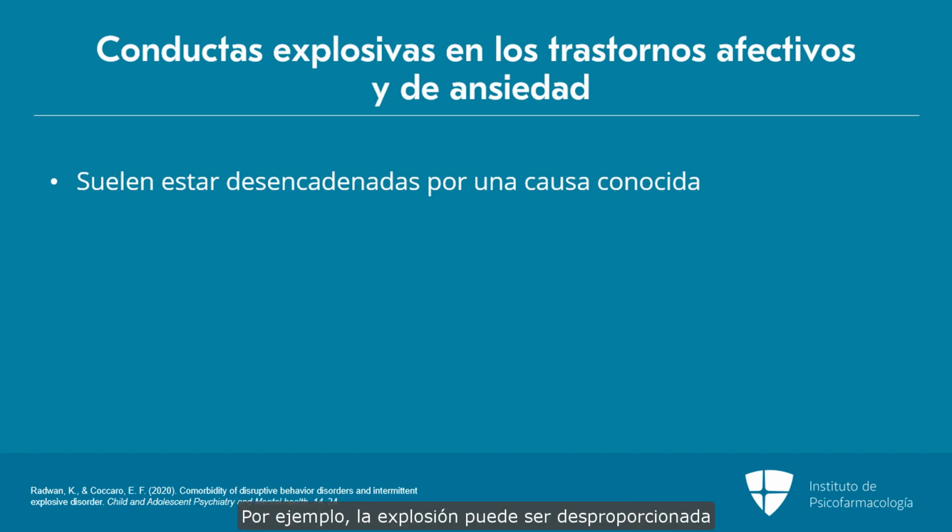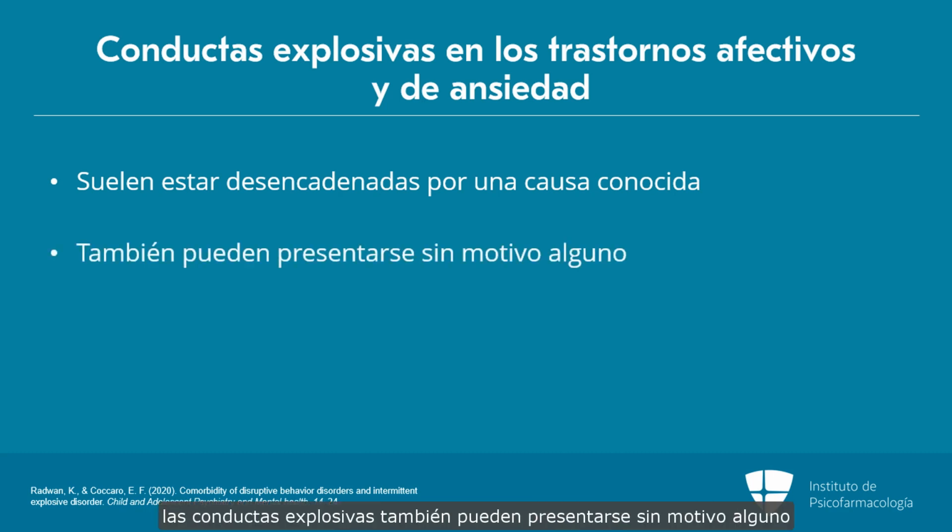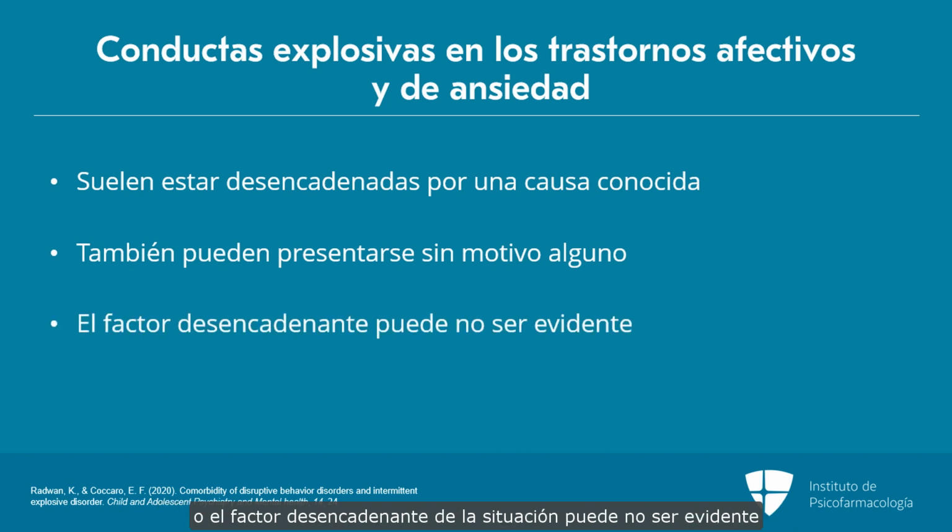So, for example, the explosion may seem out of proportion to what the trigger was. Something that might normally cause a little bit of irritability may cause a big explosion. However, sometimes in mood and anxiety disorders, explosive behavior can also come out of nowhere, or the triggering factor may not be readily apparent to the parents or adults or even the child in the situation.